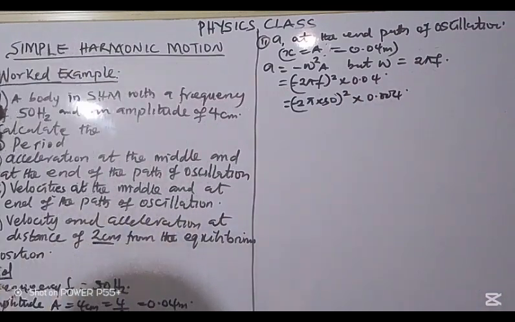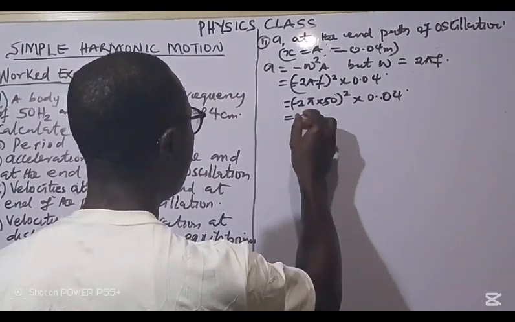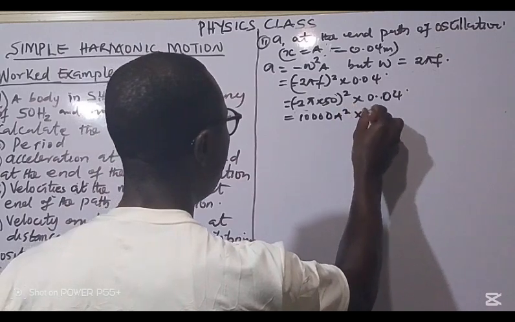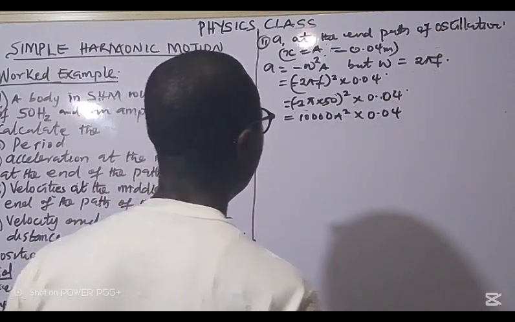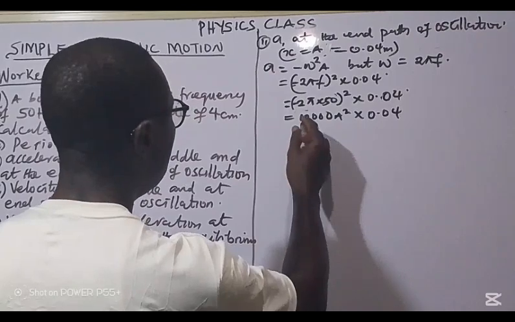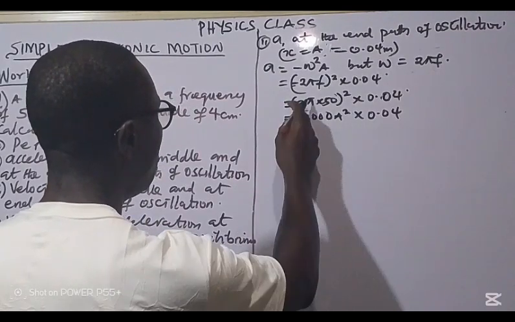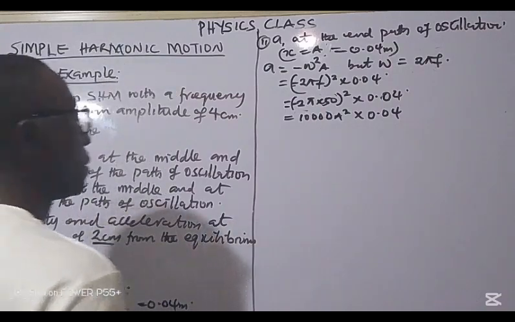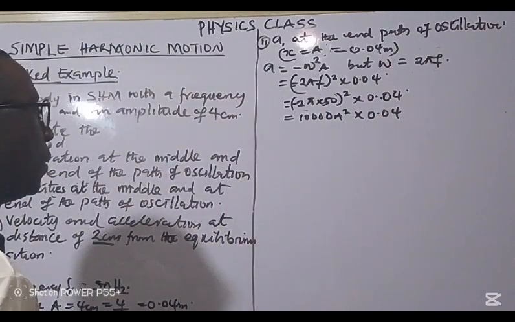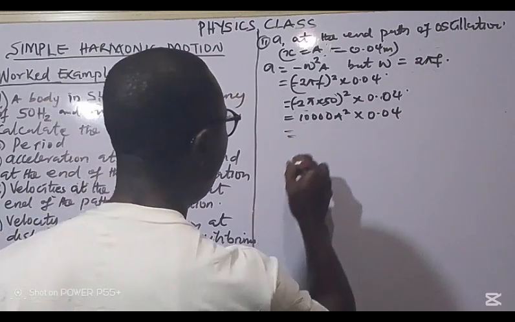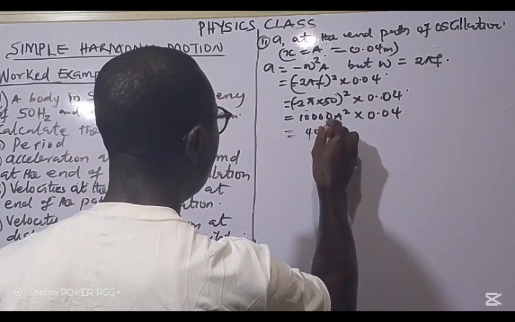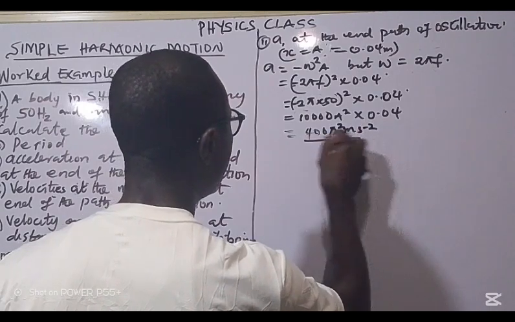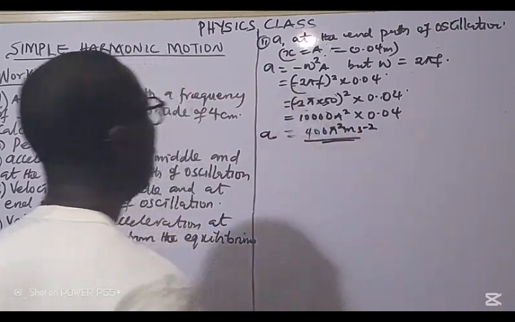Now this one will give us 10,000 pi square multiplied by 0.04, since 2 multiplied by 100 square is 10,000. The answer is 400 pi square meter per second square. That is the acceleration at the end part of the oscillation.